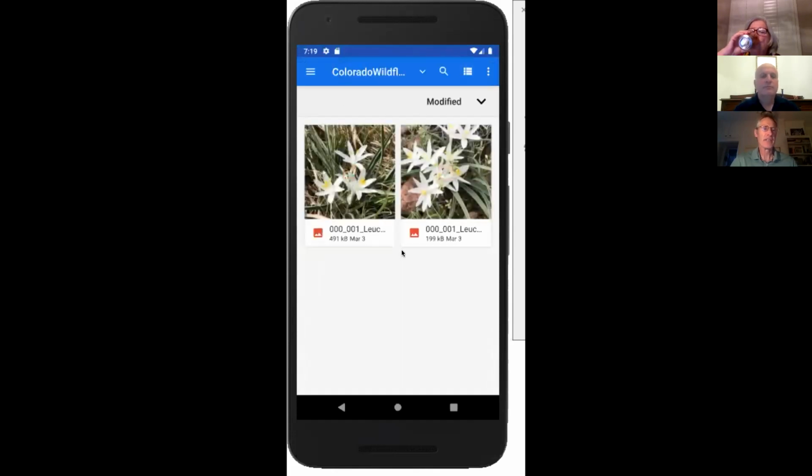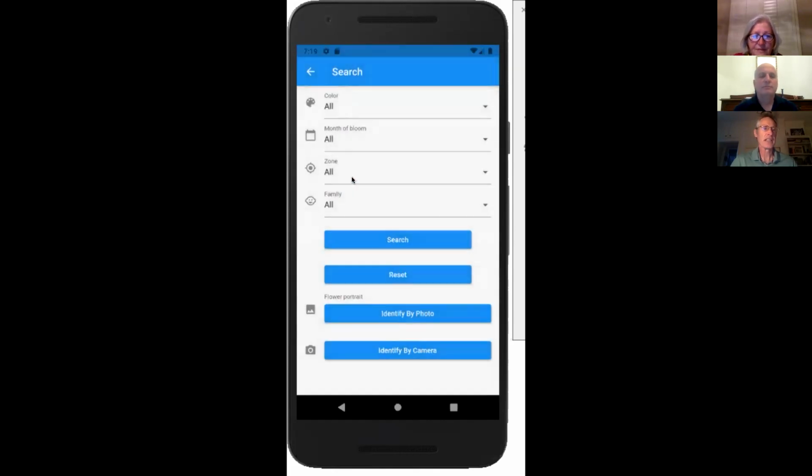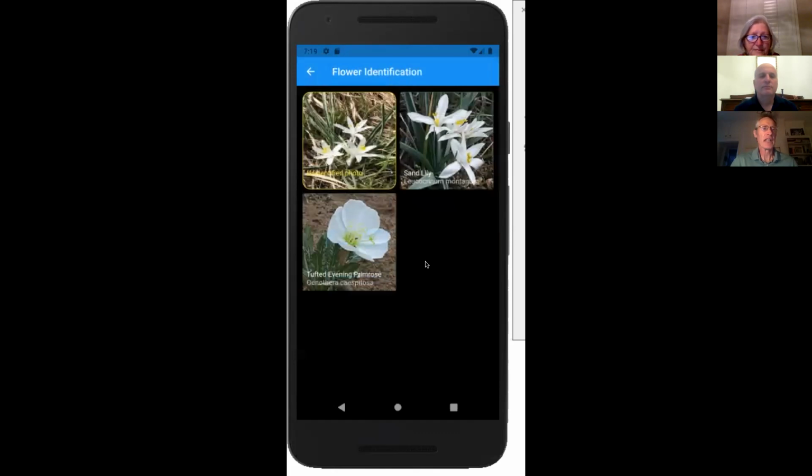So here we have some sand lily photos. If I pick one of these, it just ran the model that we were talking about earlier. And here's the photo that you took, or that you had taken previously. And then it has a series of other photos, which are the classifications, the best guesses for what's a match.